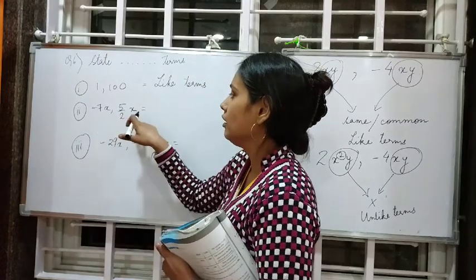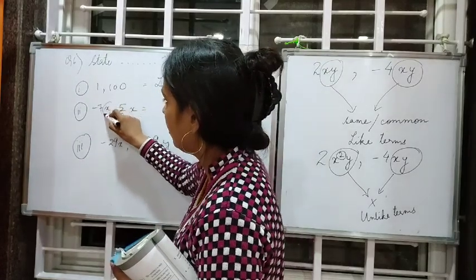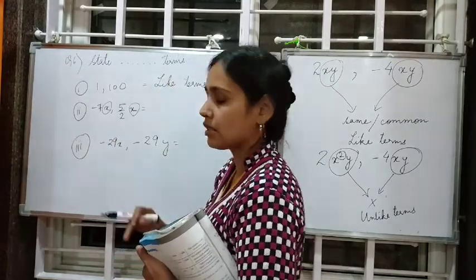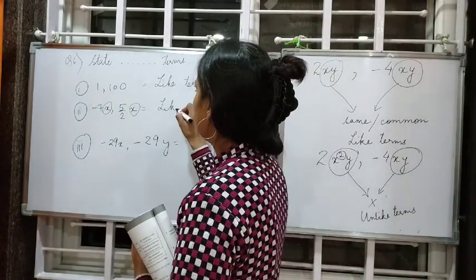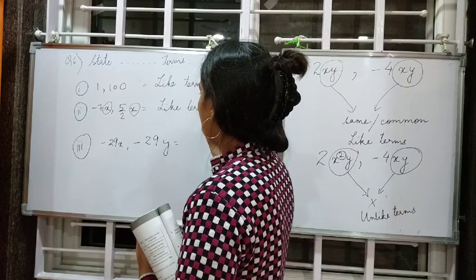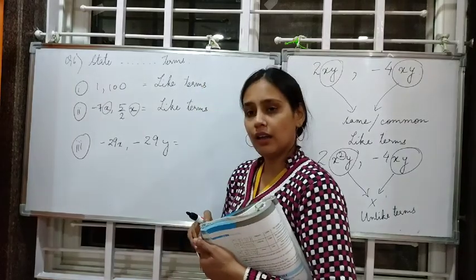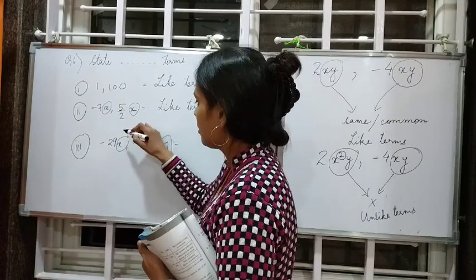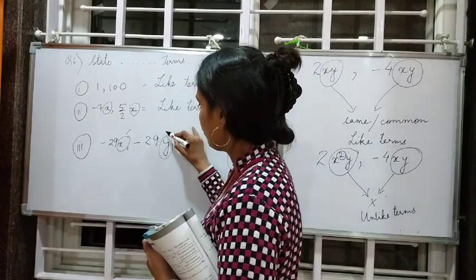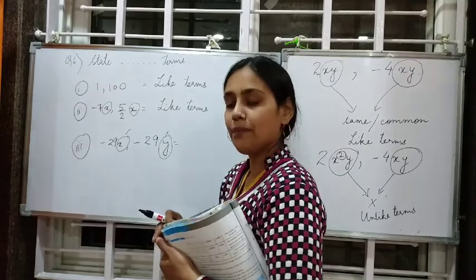Then here let's compare the variable x, x. Is it common? Yes. So is it a like term? Yes, they are like terms. Again, compare the variables. X, Y. Are they same?